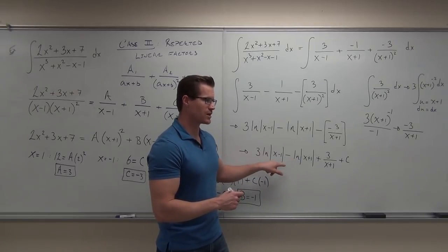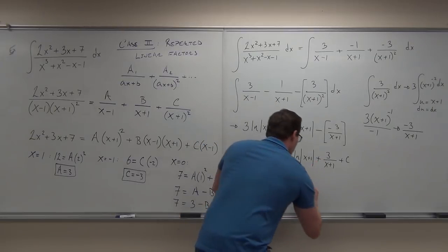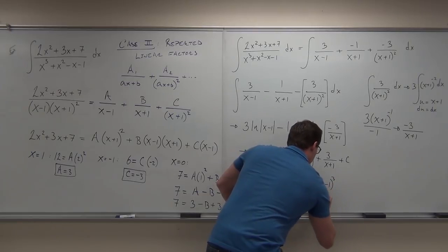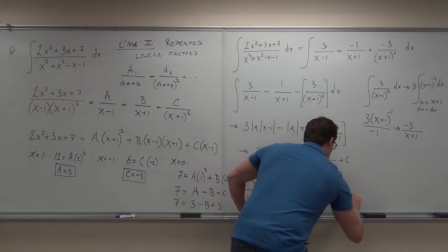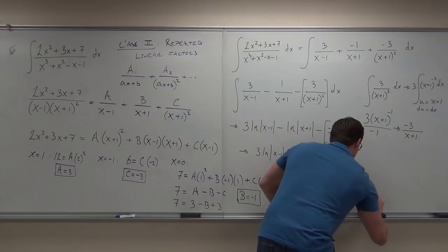So occasionally you'll get stuff like this. You say, okay, well this can translate to, just to make it nicer looking, ln of (x minus 1) to the third over (x plus 1) in absolute value, plus 3 over x plus 1, plus c.